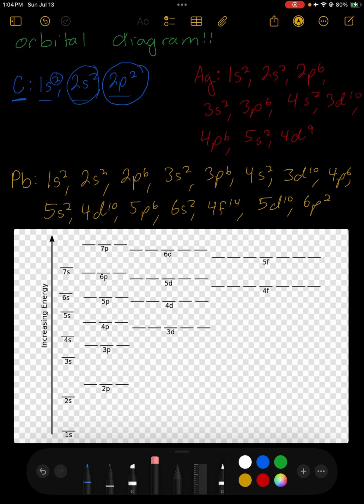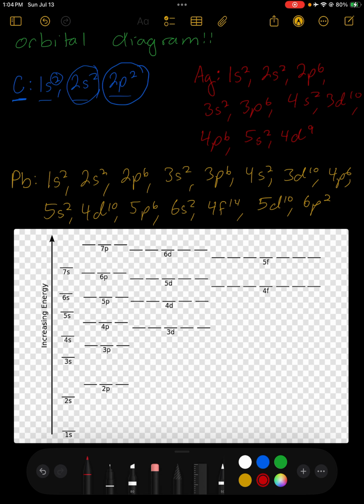So I'm going to erase all of that so that we can do silver, which is going to be a little bit harder. We notice that silver has a much longer electron configuration, so we are going to fill out much more of this diagram than we would have for carbon.